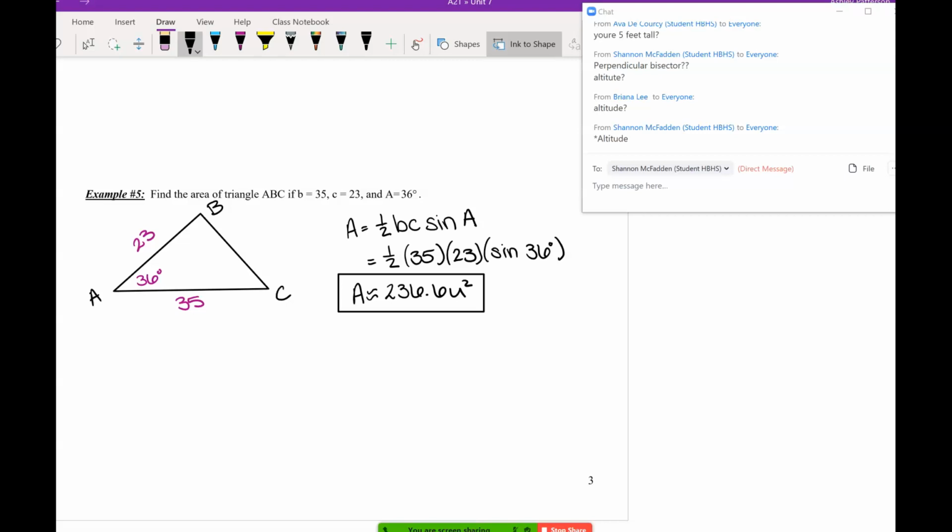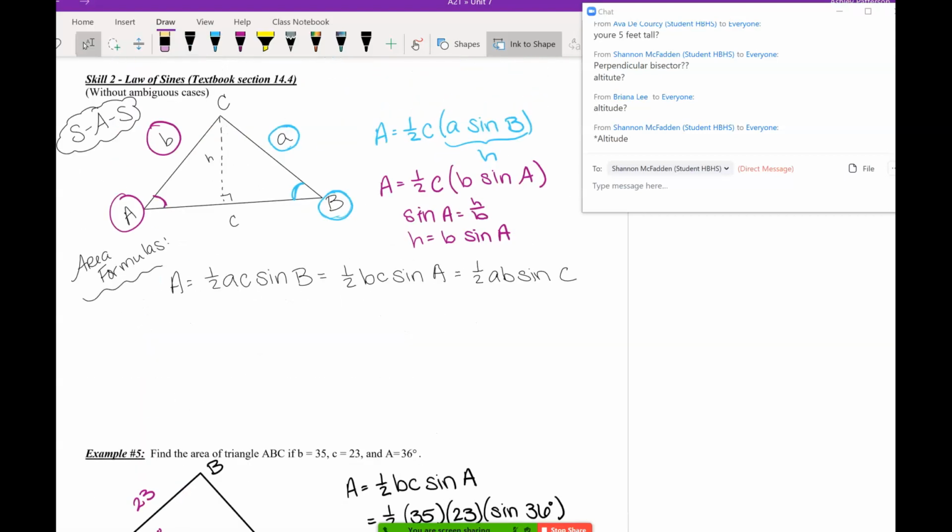Hang in there, sir. All right, well, let's go back to our area formulas. We've got 3 options depending on what's given to us, right? Could be 1/2 AC sine angle B, 1/2 BC sine A, or 1/2 AB sine C. All given to us in SAS, right? Side, angle, side. Well, let's reduce a little bit. They all have a 1/2 in them, right?